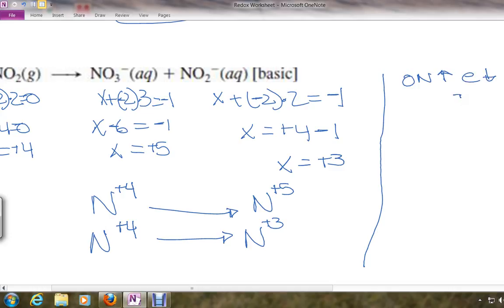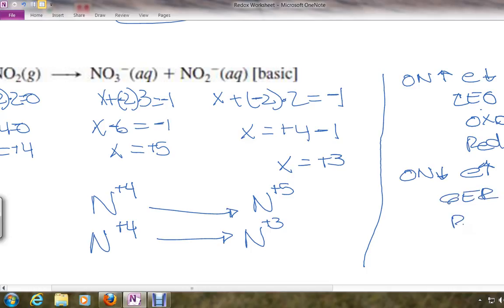So it's oxidized, and it's the reducing agent. The other one, oxidation number is going down, and it's reduced. One is reduced, the other one is oxidized, and it's the oxidizing agent. It's acting as an oxidizing agent, and it's acting as a reducing agent too.